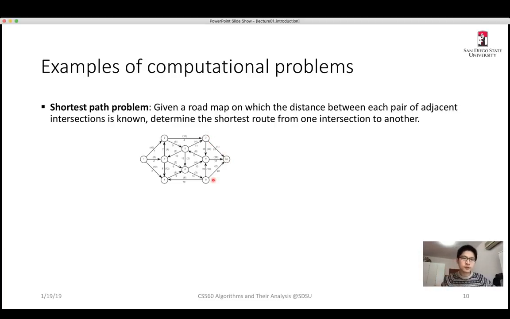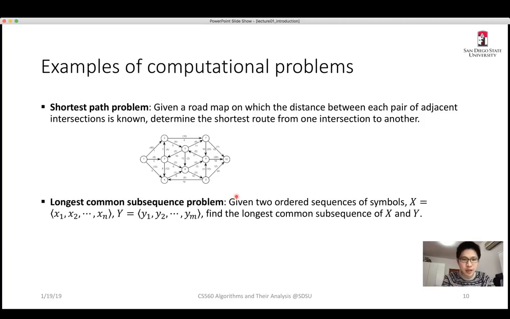So if this is the background system of a flight company, then given the inputs of the departure city and arrival city, the system is required to find the shortest route, so that the customers can have as few stops as possible.